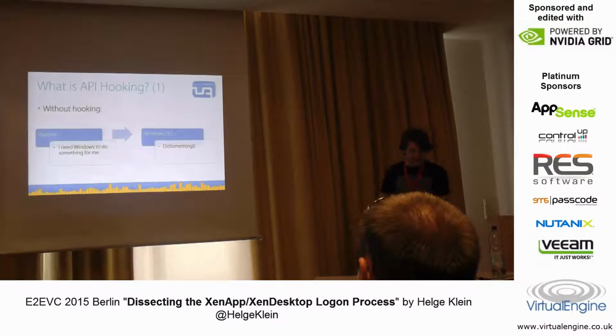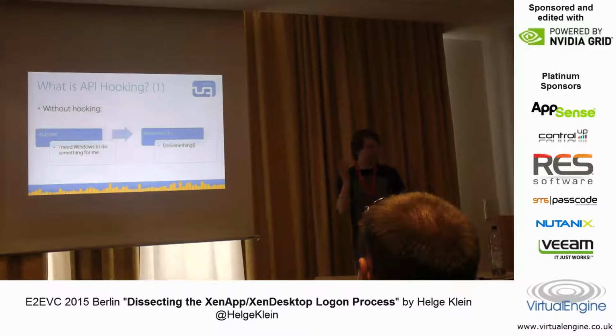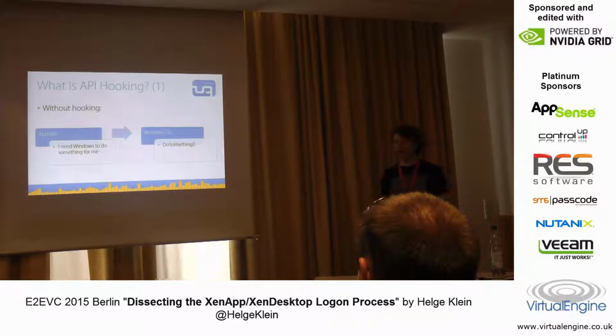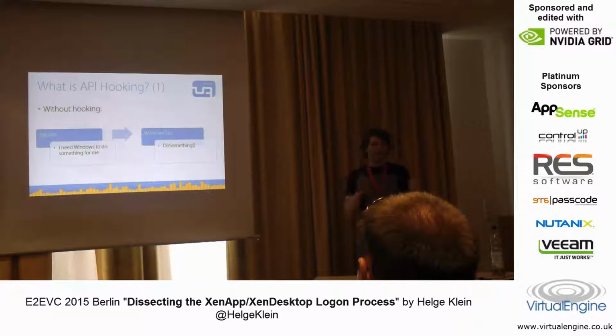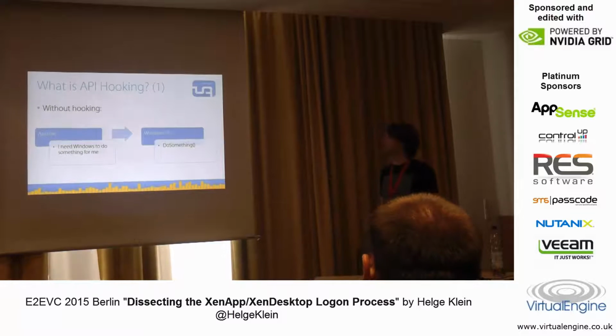Let's talk a little bit about what that hooking is. Most of you will probably have heard the term API hooking. But I hope at least not everybody knows what it is, otherwise I should be skipping the next few slides.